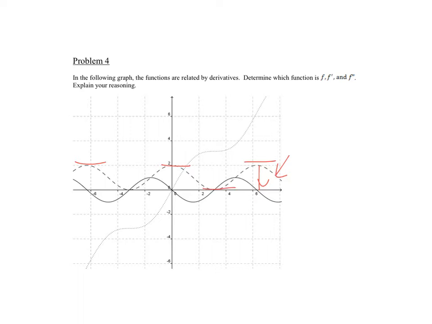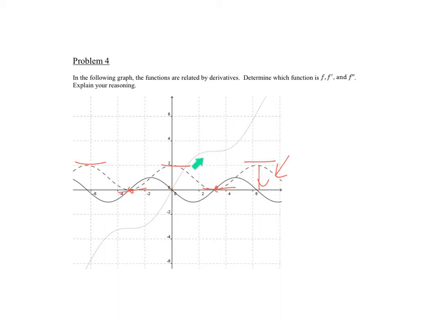So here we have a tangent line, and the black line here has a 0. That's good. All of the places where this dashed line has horizontal tangent lines, the black line is a 0. So we definitely know that this black line is the derivative of this dashed line.